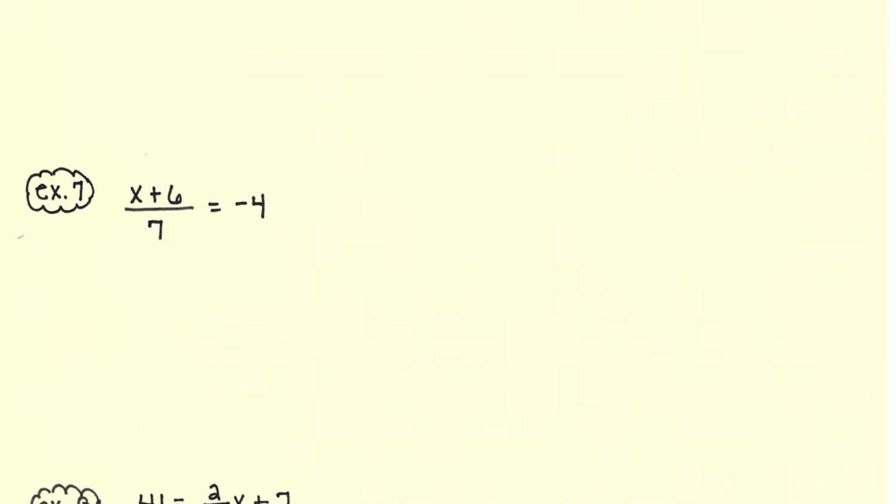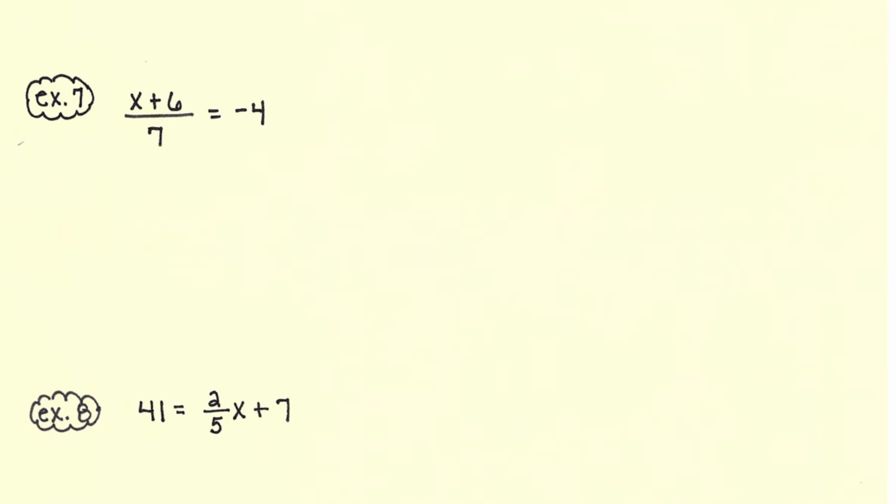Okay, example 7. All right, this is another one of those situations where we said you have that large fraction. The whole equation is a fraction. So we have to get rid of the fraction first. So if this is a divide by 7, I am going to multiply by 7.